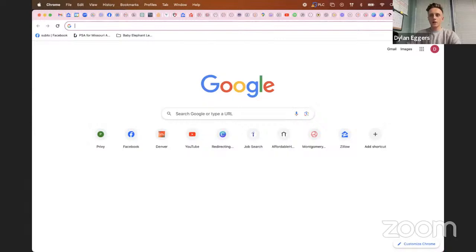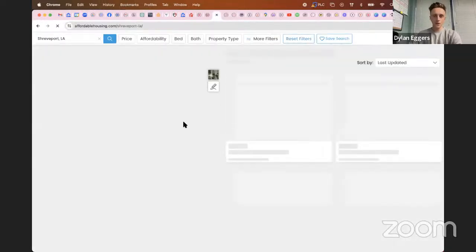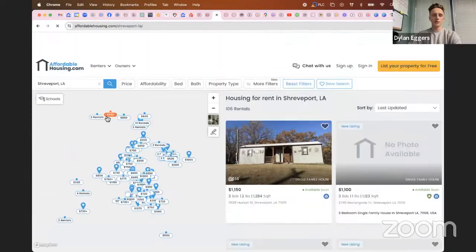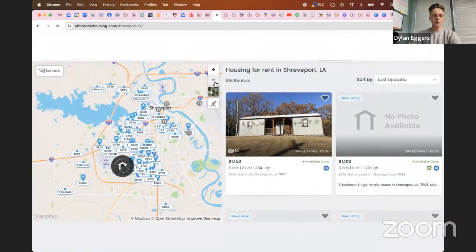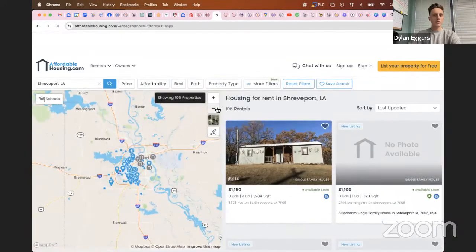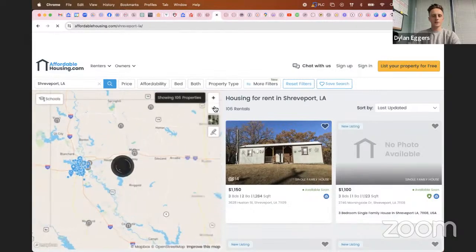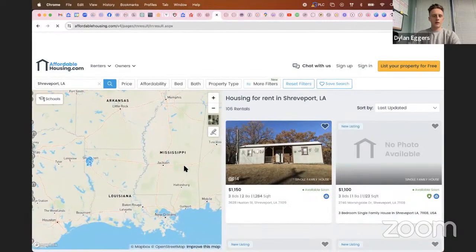There's a great website also to figure out where there is a need for Section 8 housing. It is called affordablehousing.com. So let me go and just zoom out. I just want to show you guys what this map looks like. This is a great website for you guys to just bounce around at.